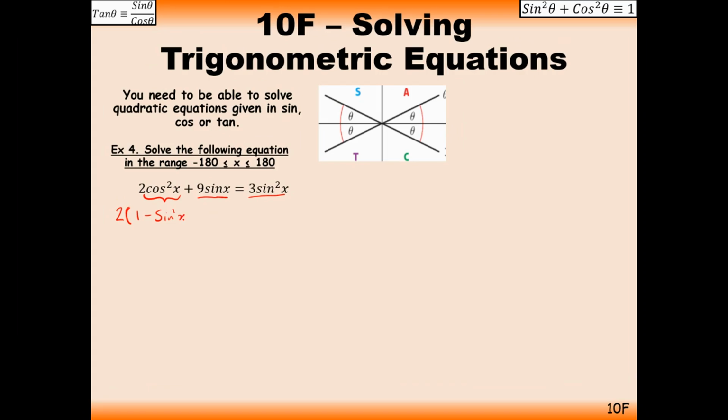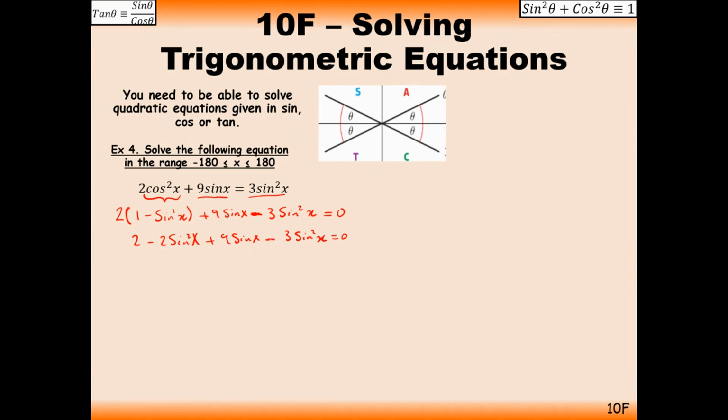So 1 minus sine square x there plus 9 sine x, and we might as well subtract this 3 sine square x from both sides, and we'll end up with 2 minus 2 sine square x plus 9 sine x. You do have to write maths to show that you understand and you don't make errors.